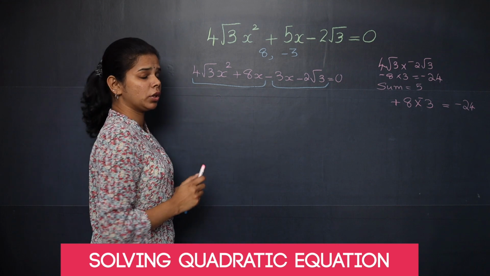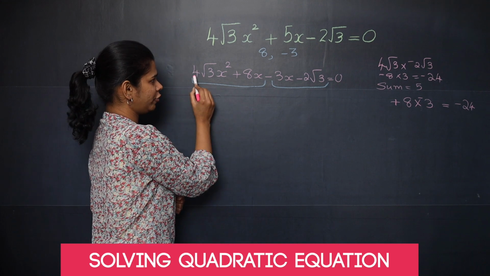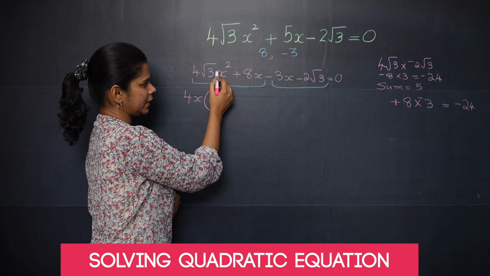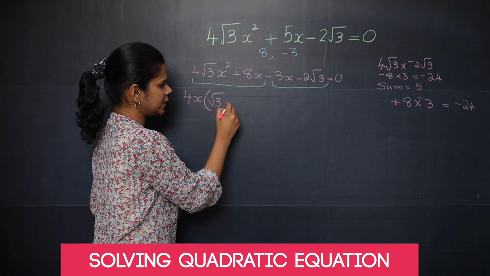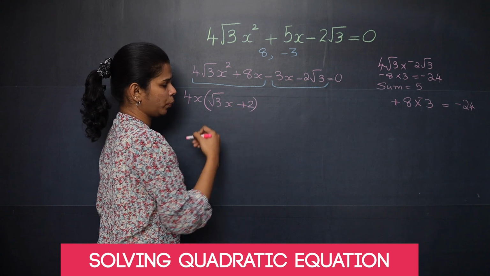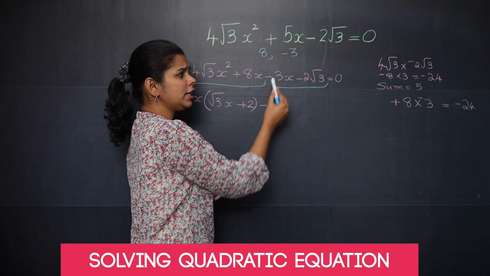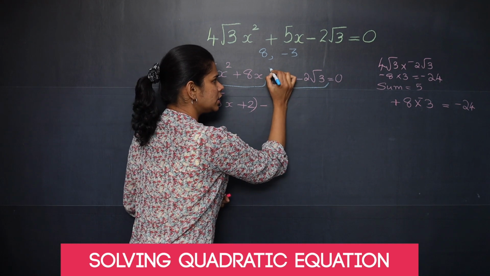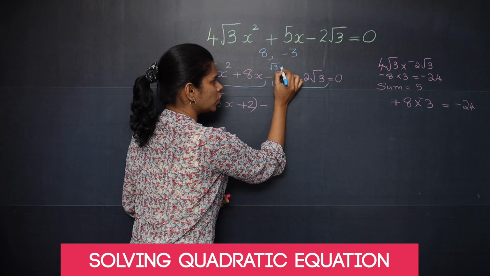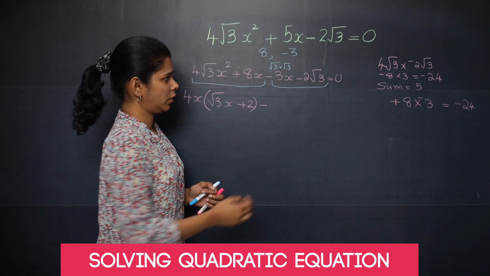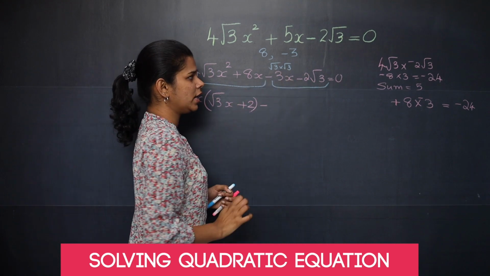In the first two terms, 4 is common, 4x. Now you will take 4x outside and inside you have root 3x plus 2. Now it is minus. Now in the case of 3, you can just assume it as root 3 into root 3. So in that case, what is common? You have root 3 as common.